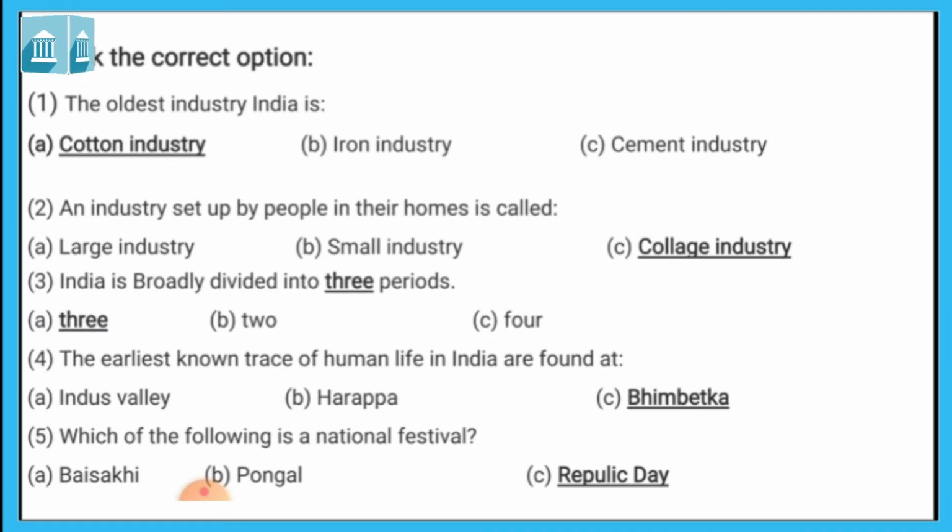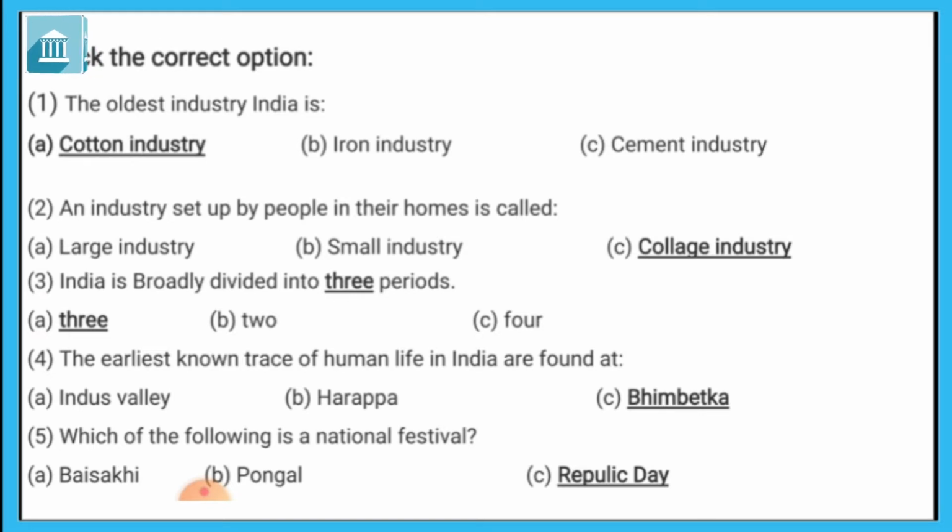The ancient times, which means the प्राचीन time, the time of early humans. The medieval time, मध्यकालीन time, and right now we are living in the modern time. First, the ancient times. Second, the medieval time, and the third is the modern time.